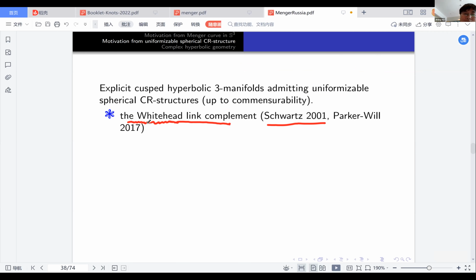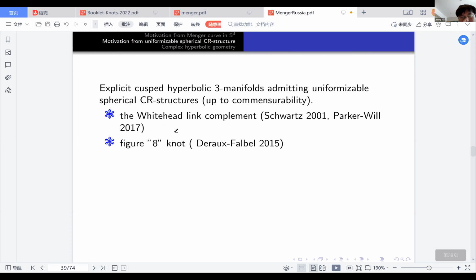In other words, the Whitehead link complement admits a uniformizable spherical CR structure. And in 2017, John Parker and Jiming Ma gave another uniformizable spherical CR structure on the Whitehead link complement. These two structures are not the same.